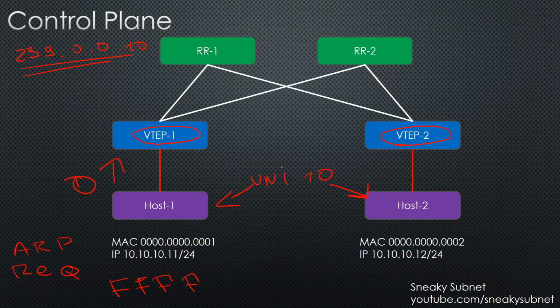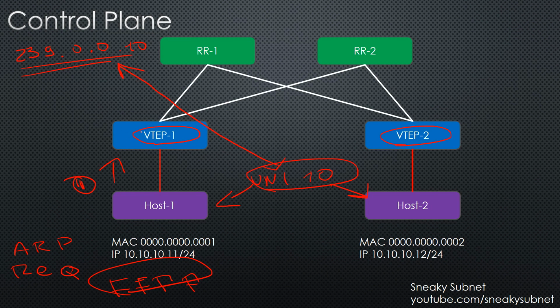So VNI number 10 is using multicast group 239.0.0.10. VTEP number 1 receives a broadcast frame on that VNI, on VNI 10.